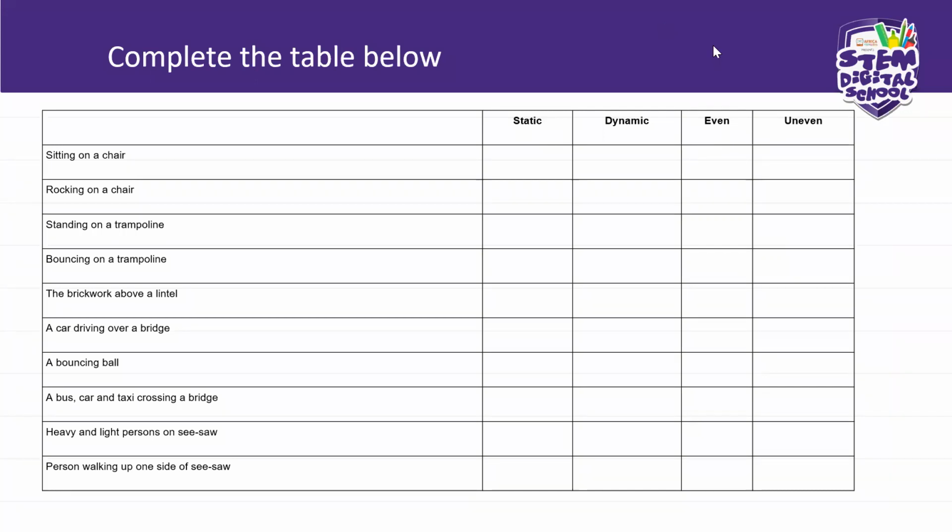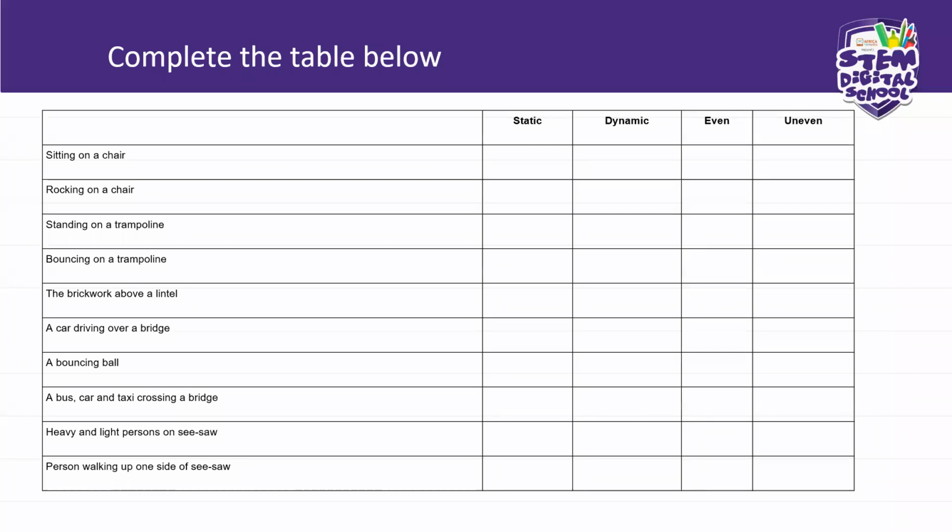One car driving over a bridge. What kind of a load is it? It is an uneven load.